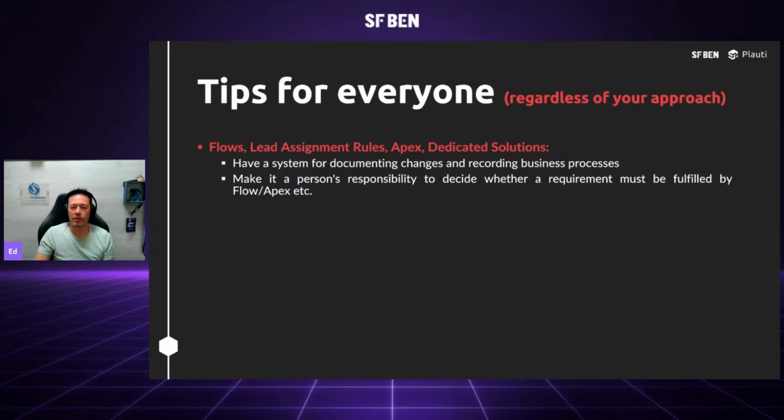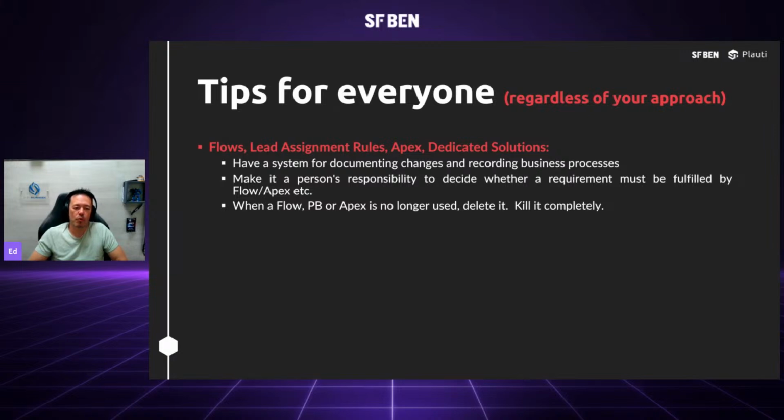I'd also make it a person's responsibility to decide whether a certain requirement has to be fulfilled by Flow and Apex, and have quite stringent rules around whether to actually do customization or not. And then the other side of the coin is when a Flow or process build or Apex is no longer used, just get rid of it, completely get rid of it.